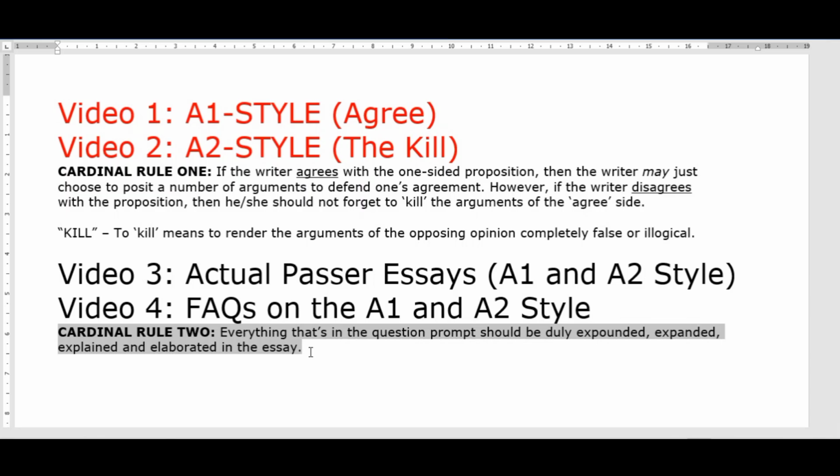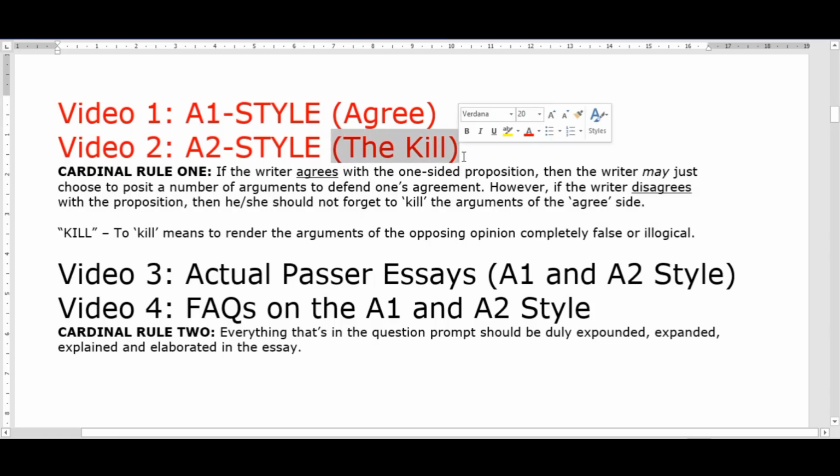This cardinal rule was motivated by the question as to why there is no such thing as a one-sided disagree. When you disagree to a one-sided question prompt, why do you have to mention the arguments of the agree side first? And why do you have to kill these arguments of the agree side?